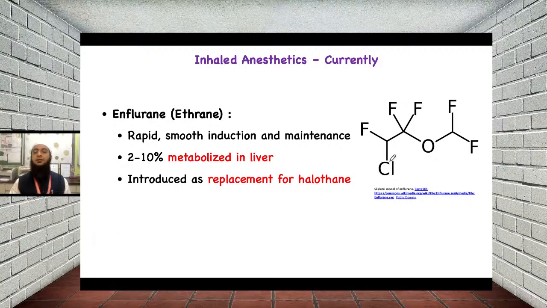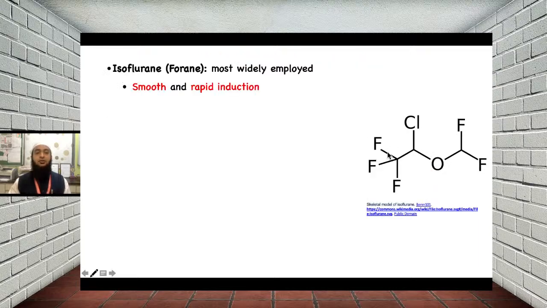In isoflurane, the chlorine is present at the upper side. Due to this change in position of the chlorine, enflurane becomes isoflurane, so you call this drug isoflurane.